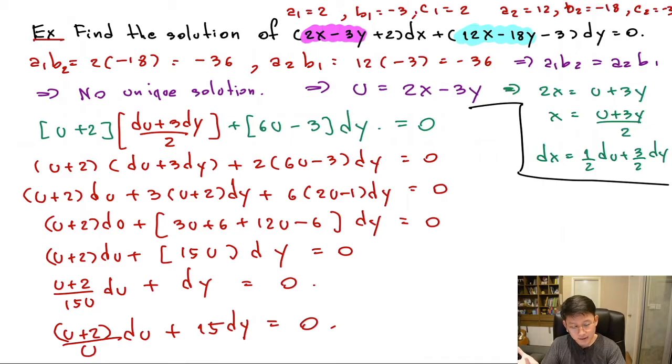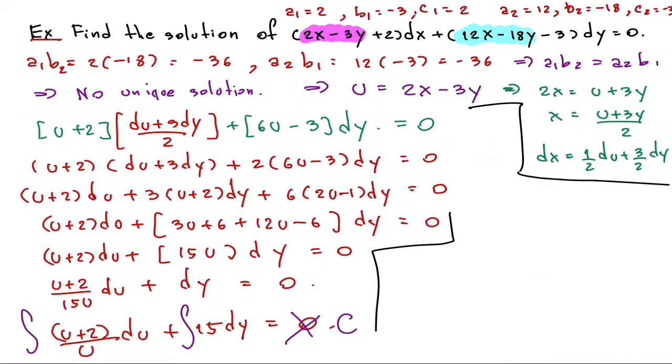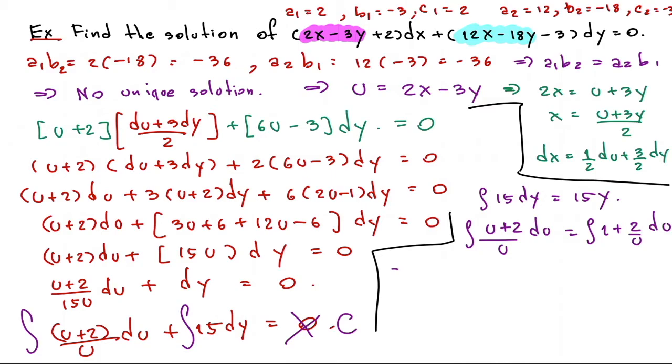So I integrate throughout the equation, so I get c here. Make sense? So next, guys, I'll look at this guy first. Easy. It is 15y, isn't it? Right? But the other one, integrate of what? This one is actually the integral of 1 plus 2 divided by u du, which is u plus 2 log of absolute u.